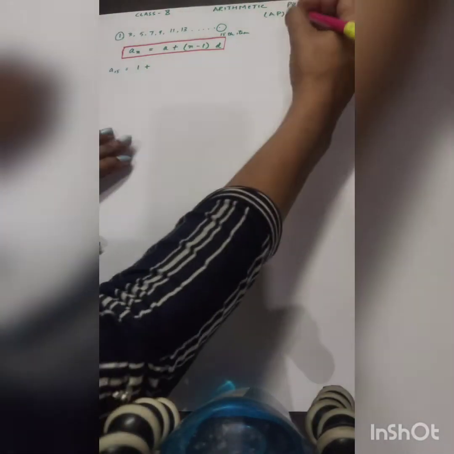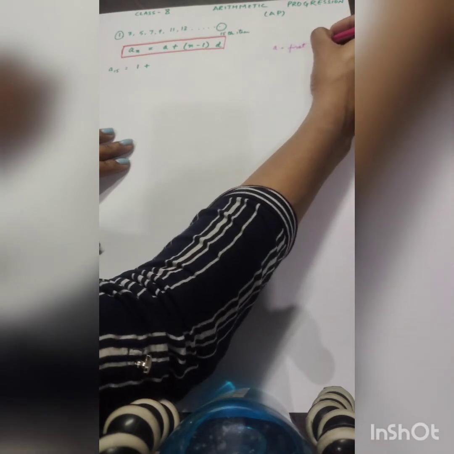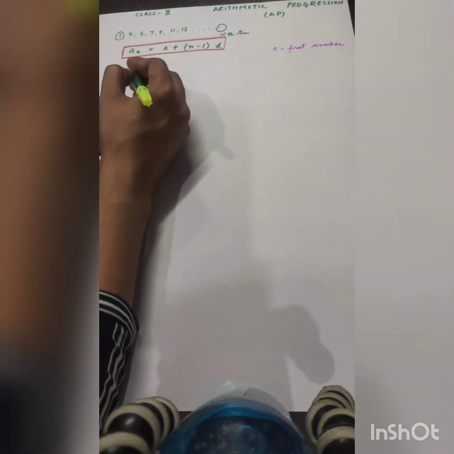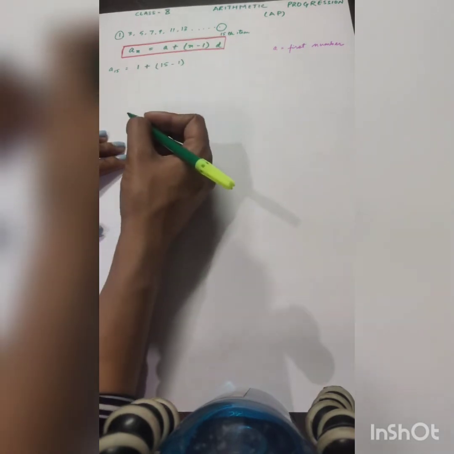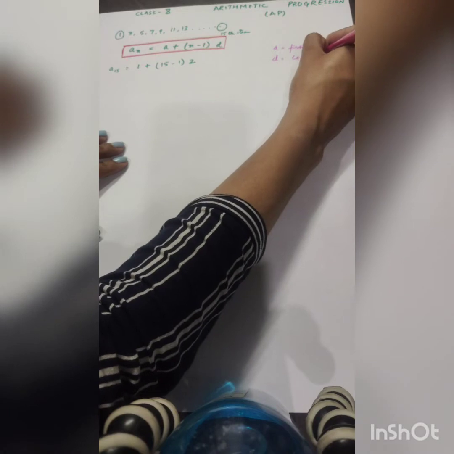So I'll write the notations in the corner that A is the first number, or the first term you can also say. Here N we are taking is 15, so 15 minus 1. And D is 2. D stands for common difference.